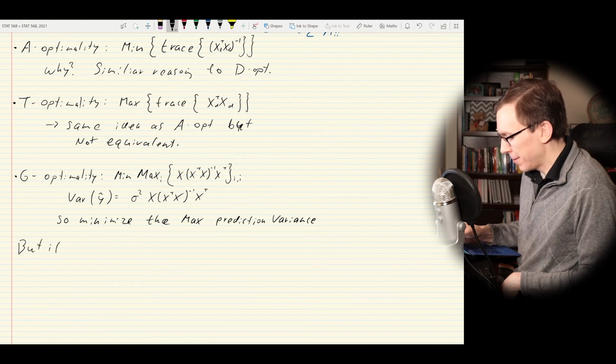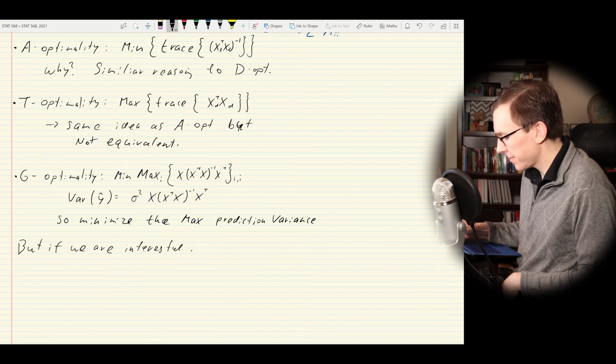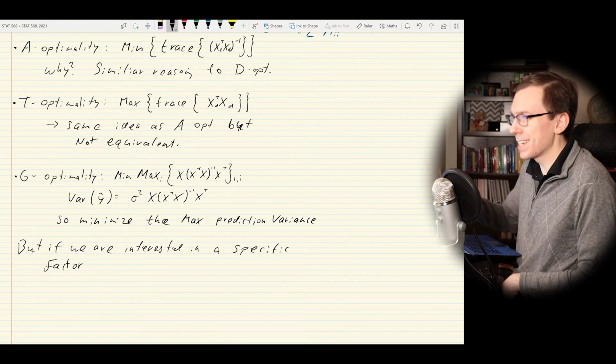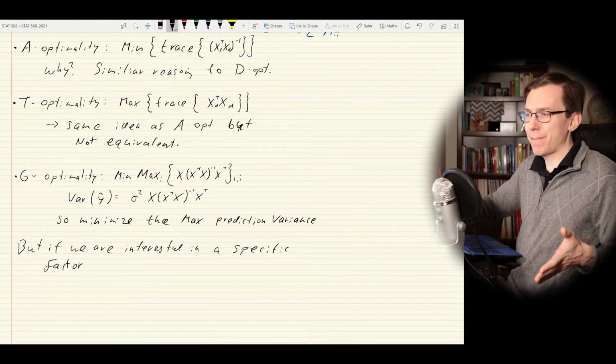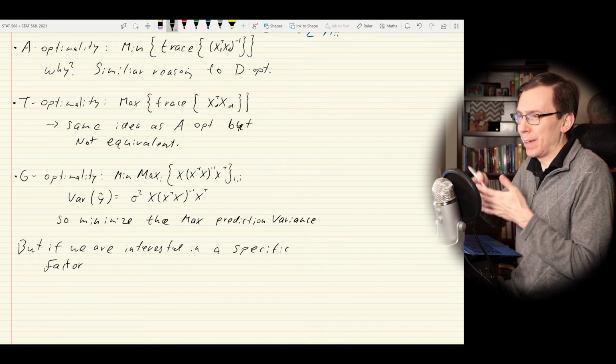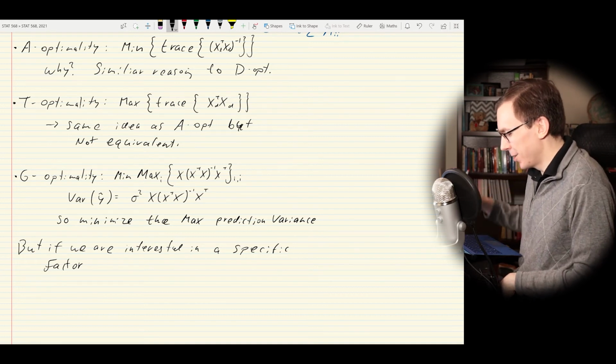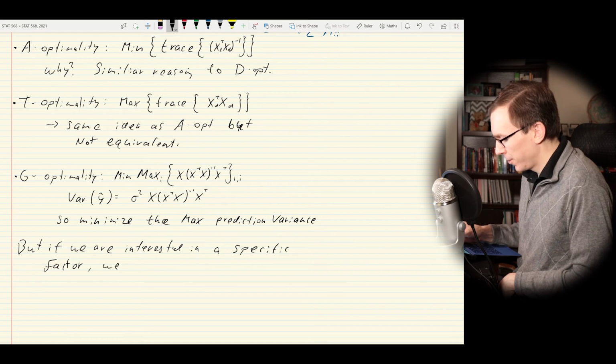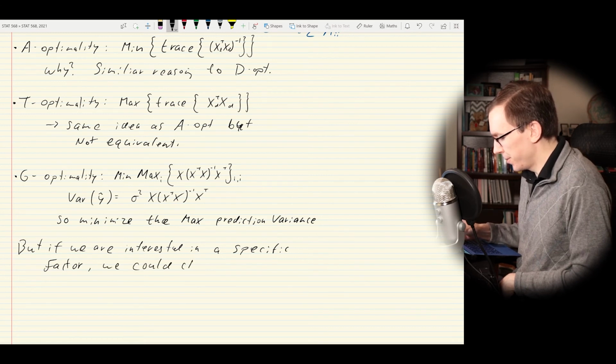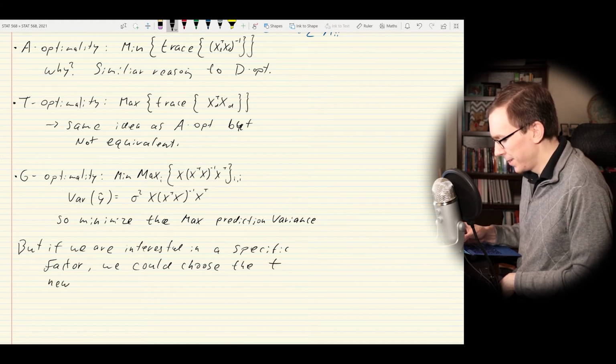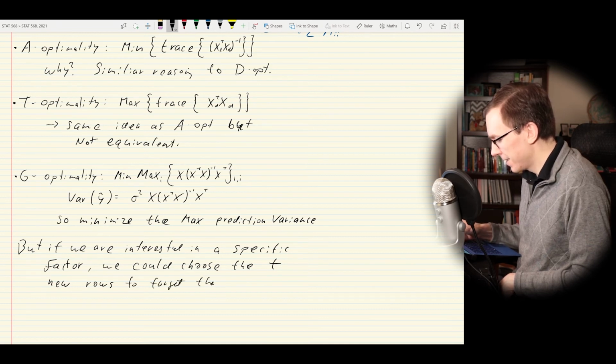If we are interested in a specific factor, like in my first example where I said, let's say we want to de-alias main effect 1 from its aliased interaction effects, we could choose the t new rows to target that factor.